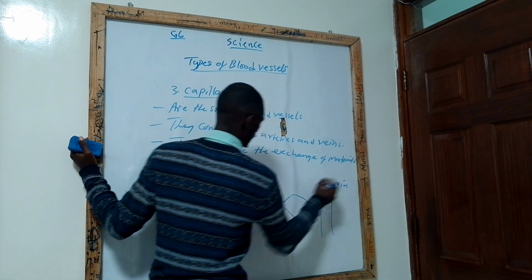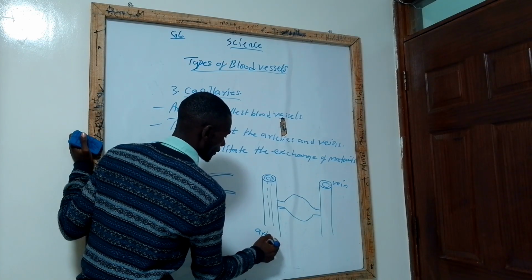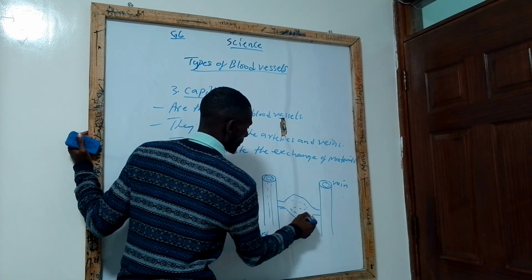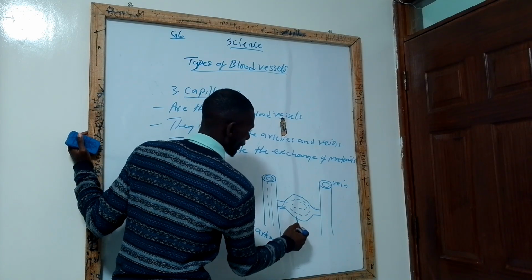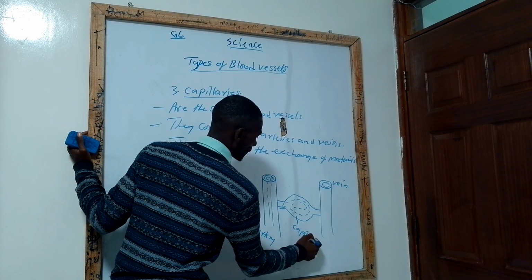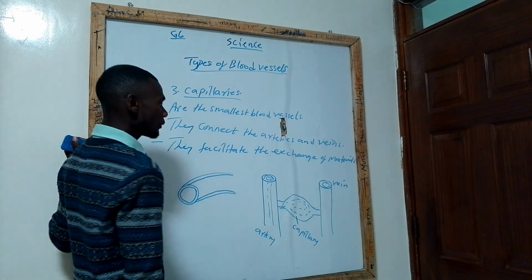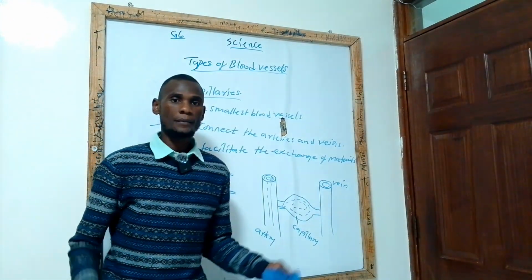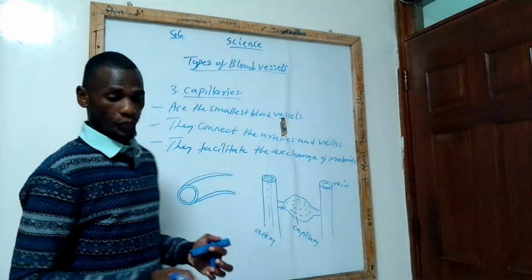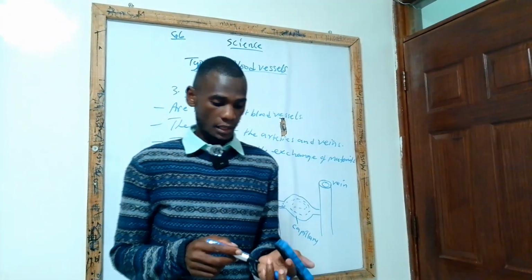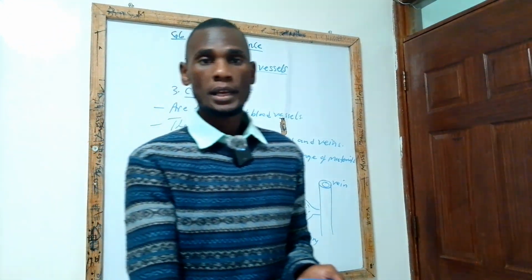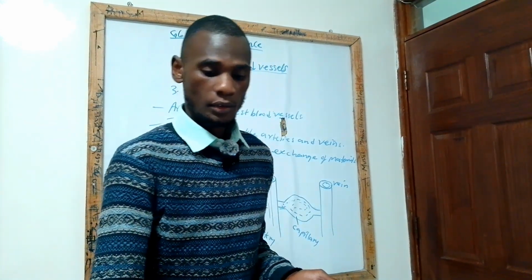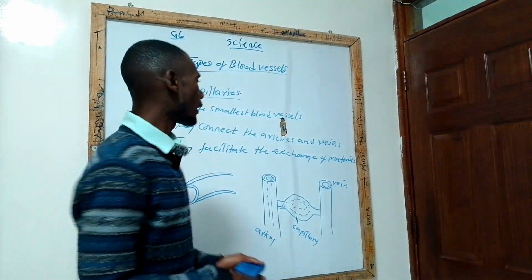So what joins them here is the capillary. This is what we mean by this statement: they connect the arteries and the veins. So those are the main three blood vessels that we have in the human circulatory system.